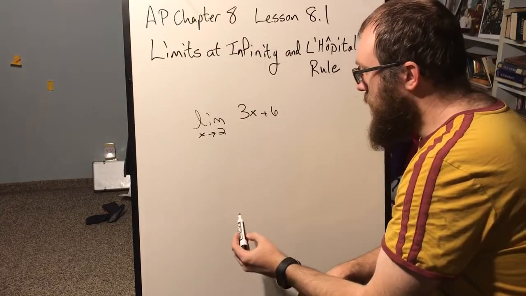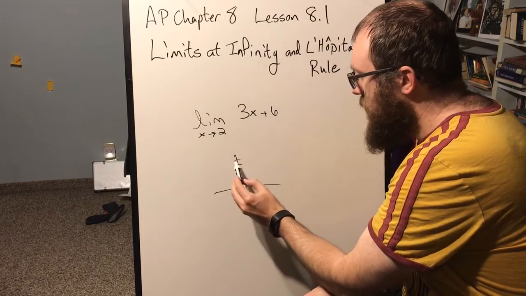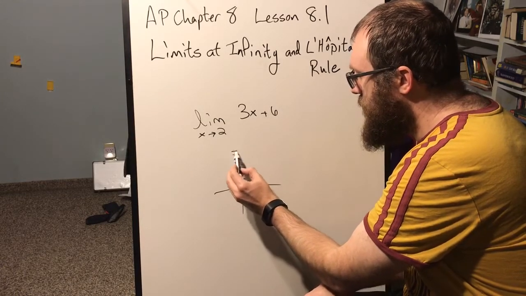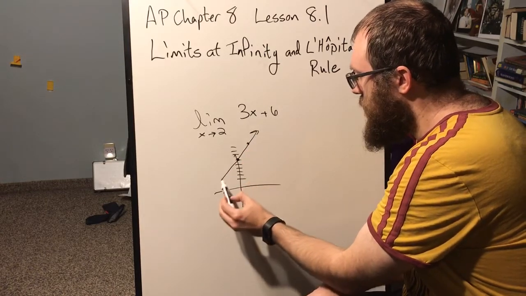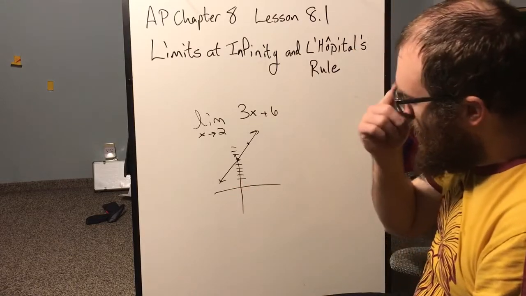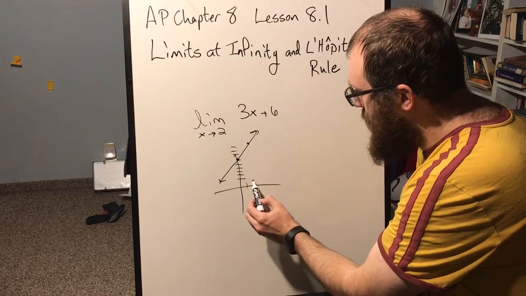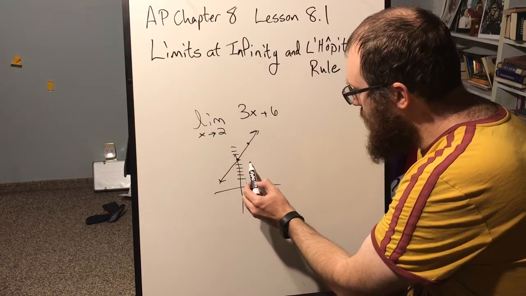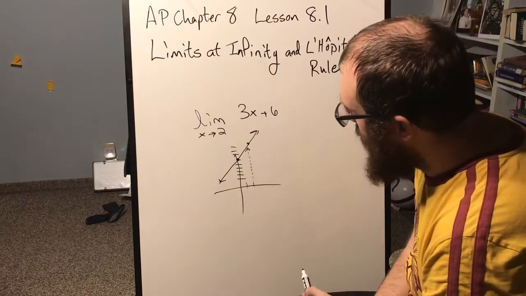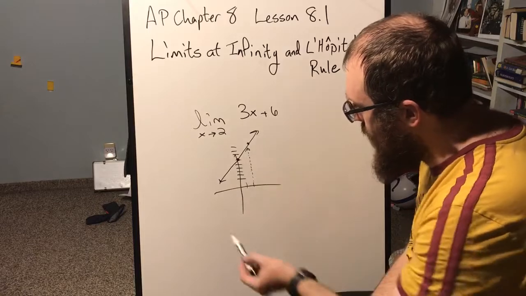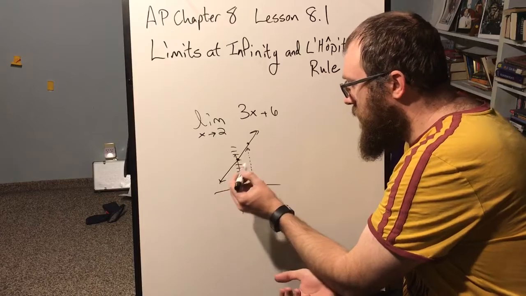Well, what I'm asking is, in this line, it starts at 6 and goes up 3 over 1. So it looks like this here. And what it's asking us is, as the graph approaches 2 on the x-axis, what would the y value be? And because this line is nice and solid, that's not a problem whatsoever.